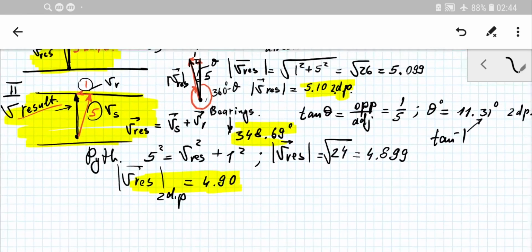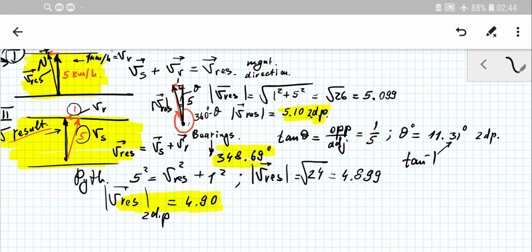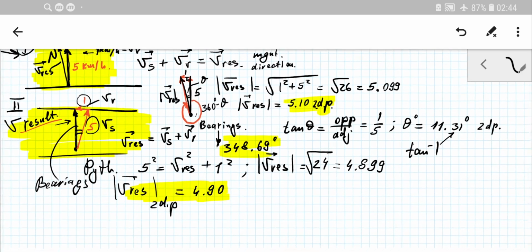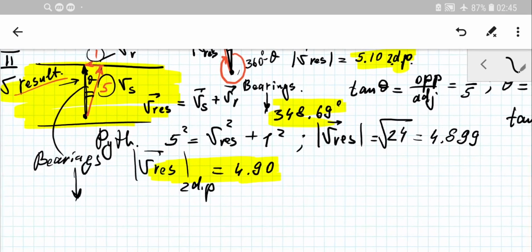And if we want to find the angle, actually, that's the bearing. In this case, we need to find the angle of the bearing. So let's say theta. In this case, we are given the hypotenuse, we're given the opposite side, so we'll use sine, right?